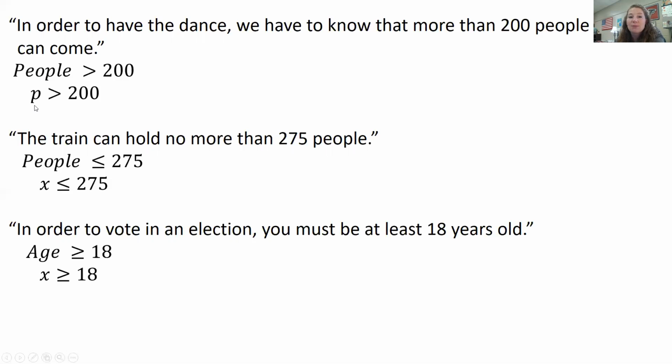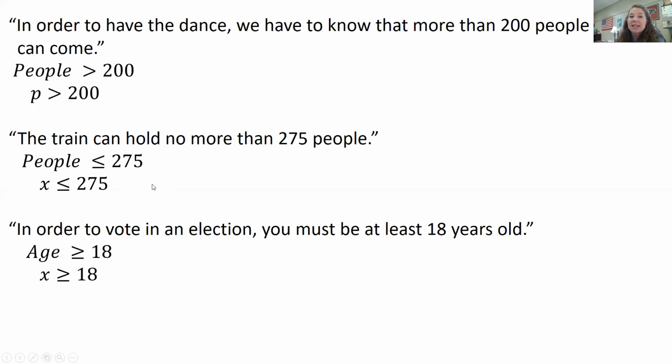If P represents the number of people, P is greater than 200. The train can hold no more than 275 people. Does that mean the train can hold 275 people? Yes. Can it hold more than 275 people? Nope. So the number of people on the train has to be less than or equal to 275.